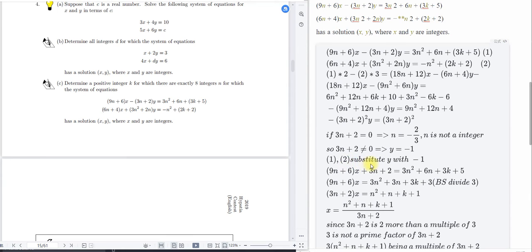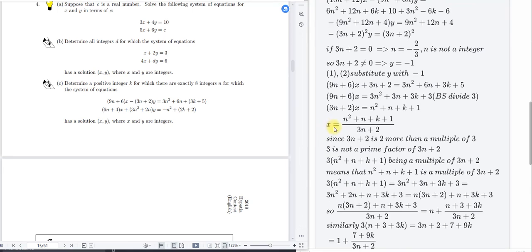And we substitute y with minus 1 in equation 1, and we get this. And we get x equals this.